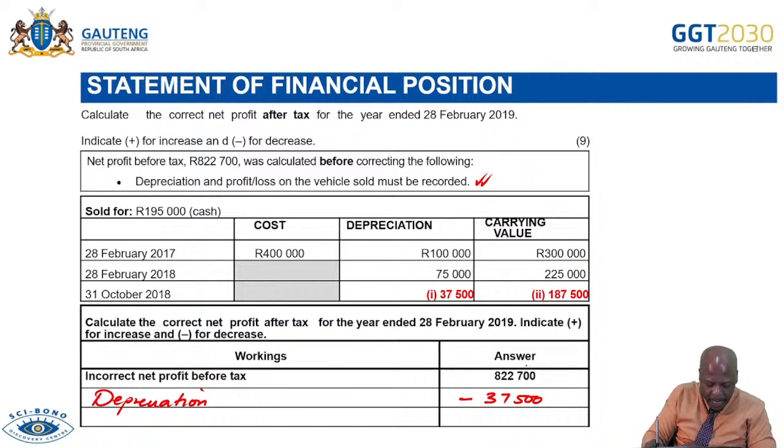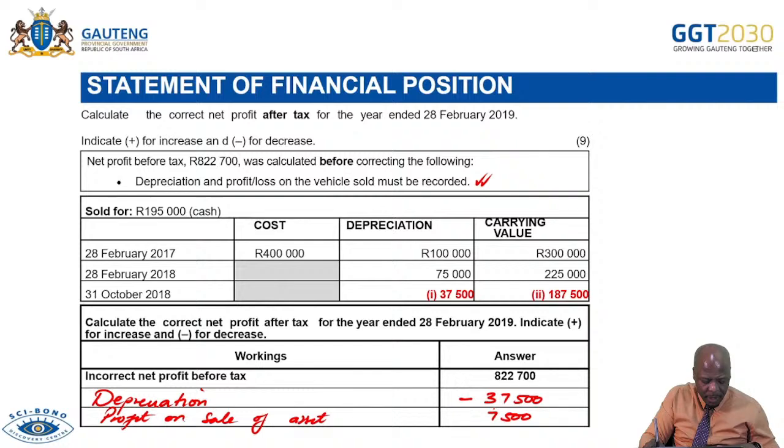And remember, we calculated profit, and we had profit on sale of asset. The profit on the sale of asset was 7,500. So I'll bring my 7.5 here. That will increase my profit because I have profit on sale of asset.